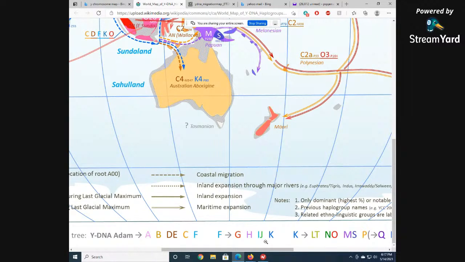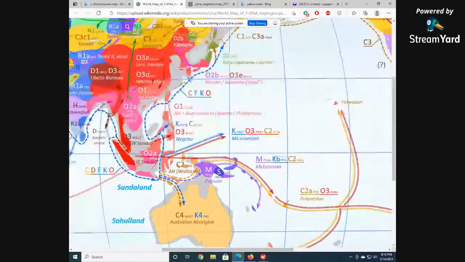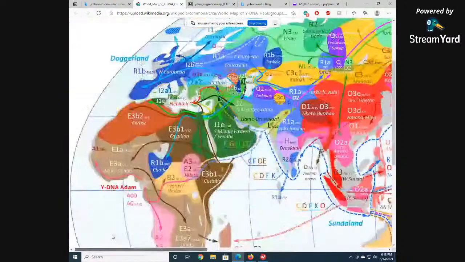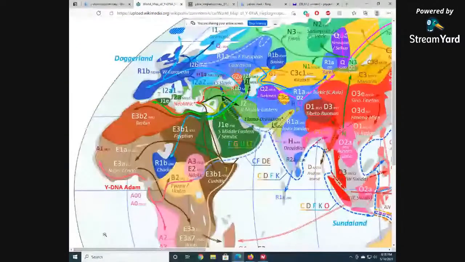So that would be the Semitic branch right there. And by the process of elimination, we just go ahead and determine the I and the J as being Abrahamic because they basically belong to the same tree. Anyways, someone might dispute that, but to me, it's kind of obvious, really.